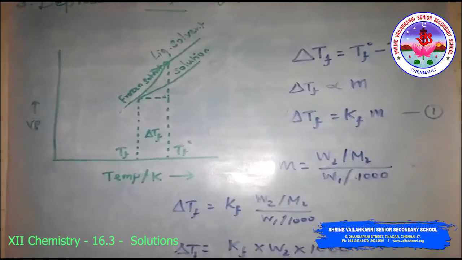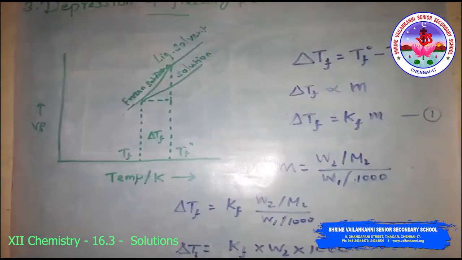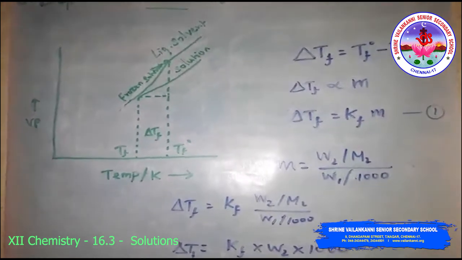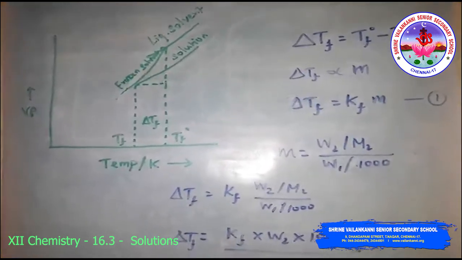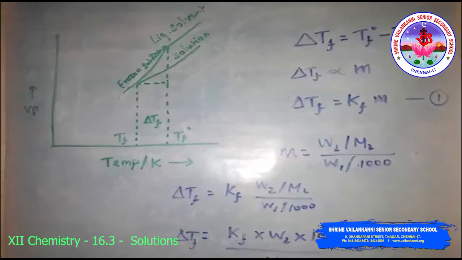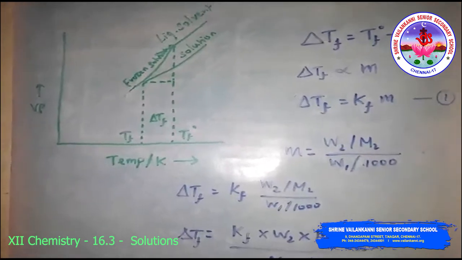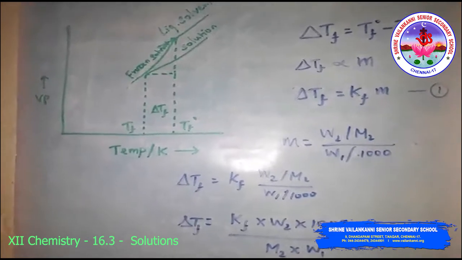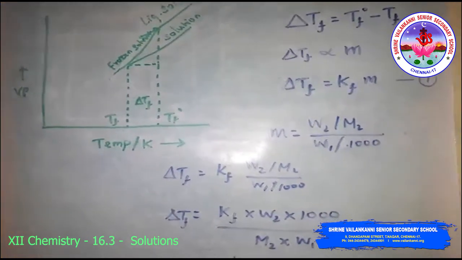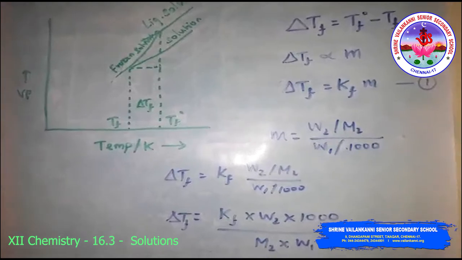Thus the freezing point of the substance may be defined as the temperature at which the vapor pressure of the substance in its liquid phase is equal to the vapor pressure in its solid phase. That is, a solution will freeze when its vapor pressure equals the vapor pressure of the pure solid solvent.